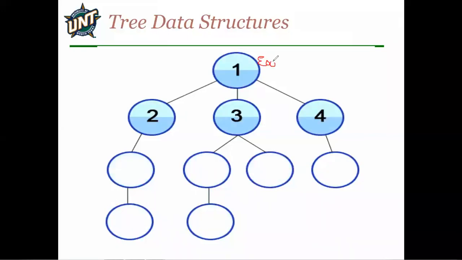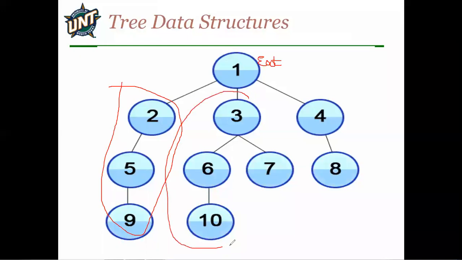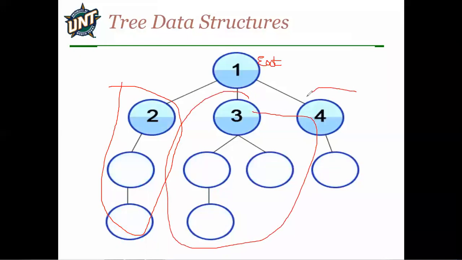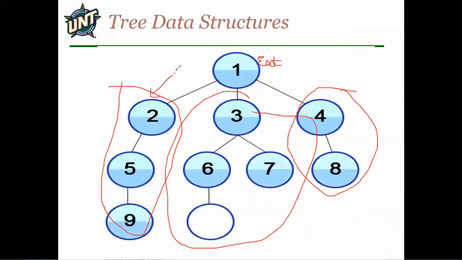After that, this is a subtree. This is also another subtree, and this is a third subtree. In this subtree, 2 is the root of the subtree. Now different roots are there, but the original tree has only one root.